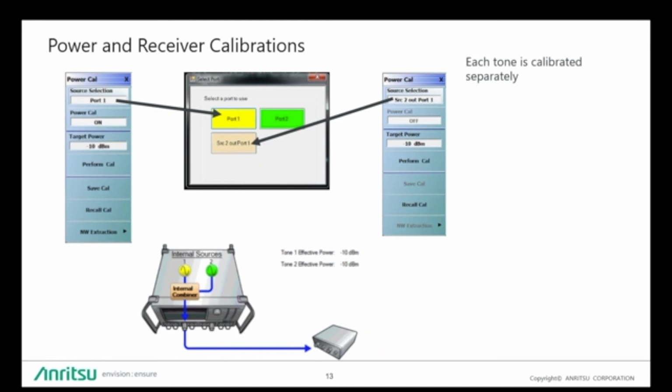You calibrate each tone for power, and so port 1, that's for the first tone. Port 1 is also for the second tone, but that's coming from the second source, and you can see here I've pointed the arrow. So that's what you're doing for the power cal. It says your effective power is minus 10 dBm, so that's the power I will be getting at the end of my cable. And again, I have a picture later on which you can see.